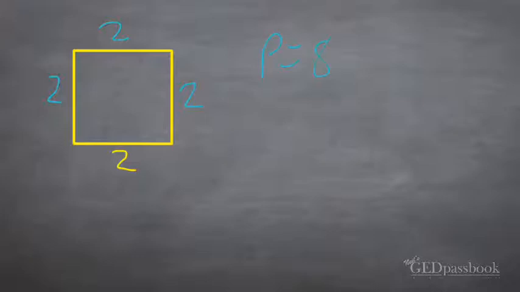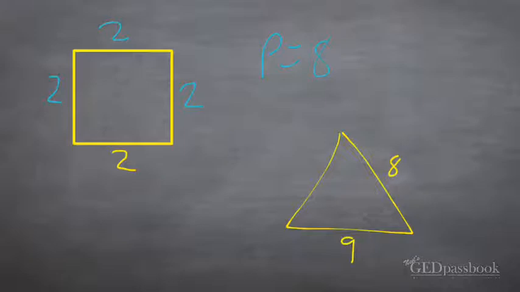It doesn't matter what shape it is, whether it's a triangle. If they give us an 8 there and a 9 there, sure, you might not be given this missing dimension, but it's your job to know that that one is also 8. What's the perimeter of this triangle?